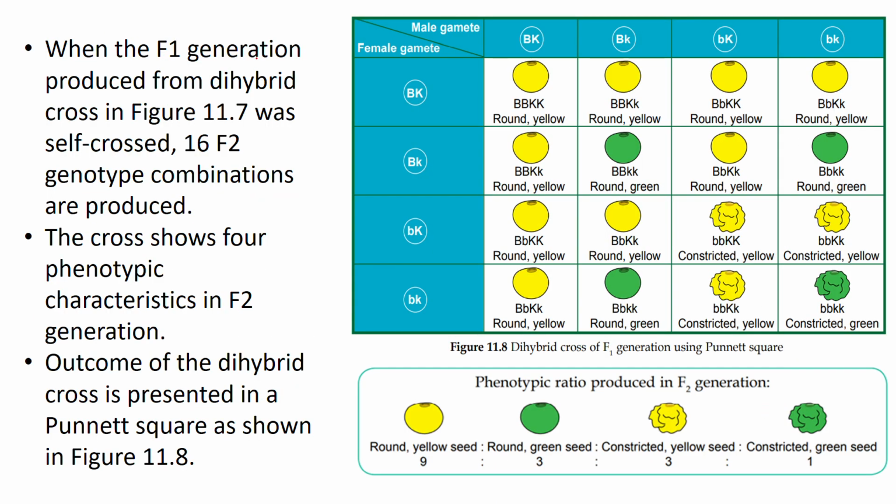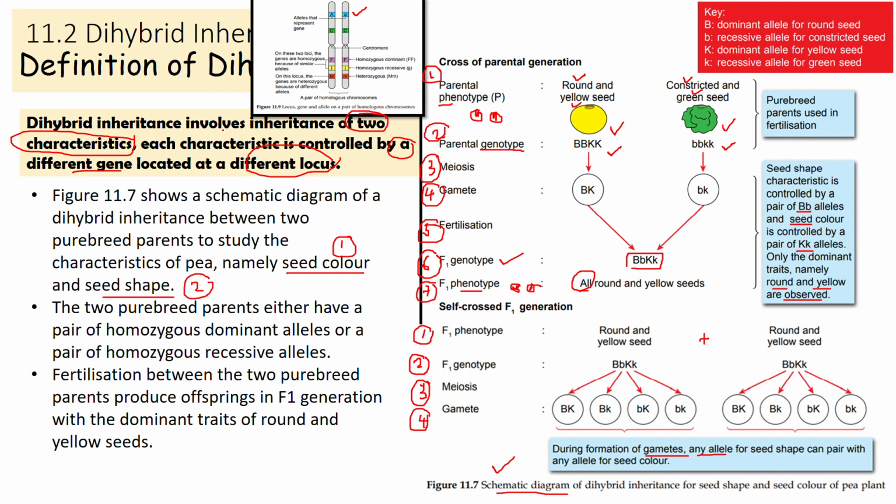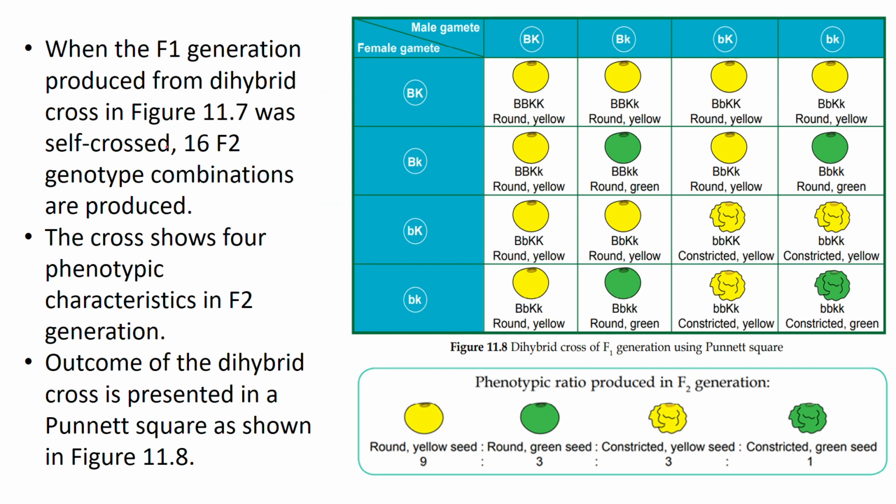When the F1 generation produced from the dihybrid cross is self-crossed, we have 16 F2 genotype combinations produced. The cross shows 4 phenotypic characteristics: round yellow seed, round green seed, constricted yellow seed, and also constricted green seed.